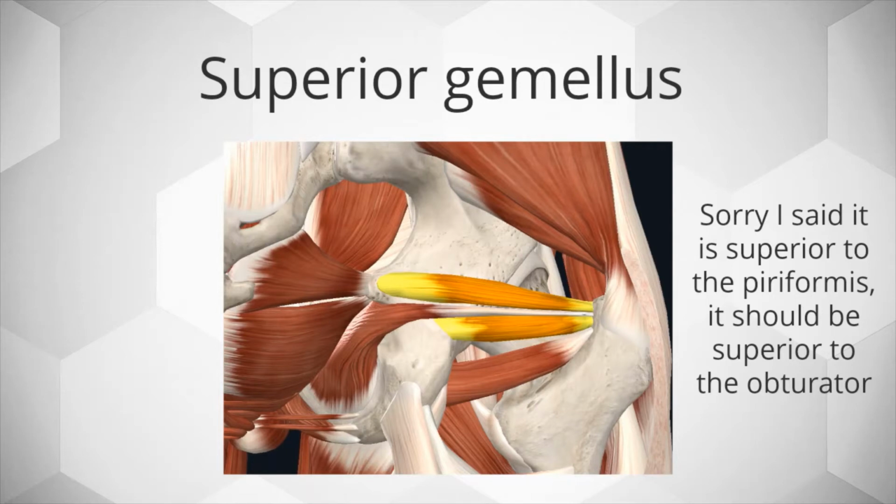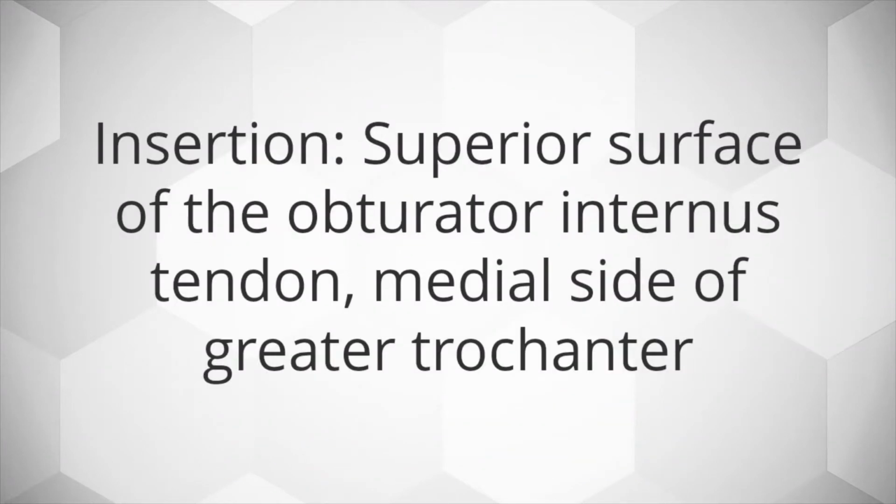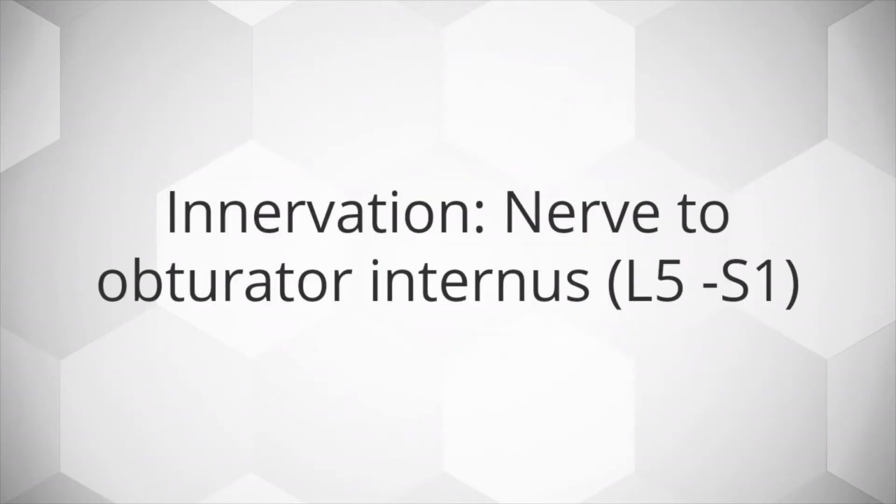Its origin is the external surface of the ischial spine, and the insertion is the superior surface of the obturator internus tendon, along with the obturator internus tendon, and attaches to the medial side of the greater trochanter. Its action is also to laterally rotate, extend, and abduct the femur. Its innervation is the nerve to the obturator internus, L5 to S1.